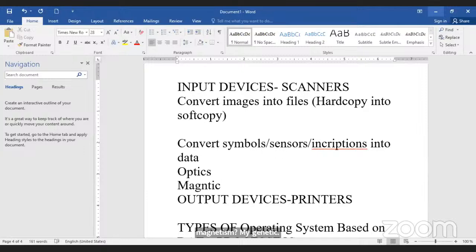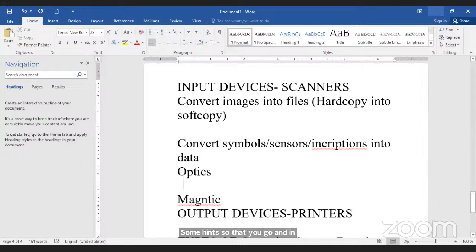So I just want to give you some hints so that you go and investigate. Under optics, we have what's called optical mark readers.